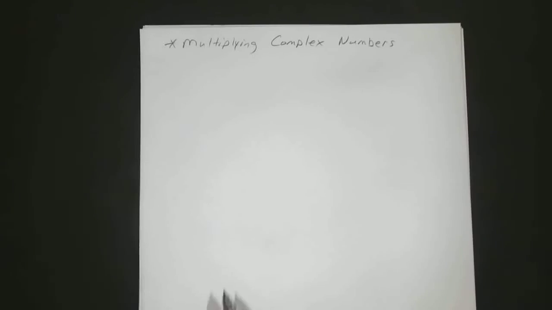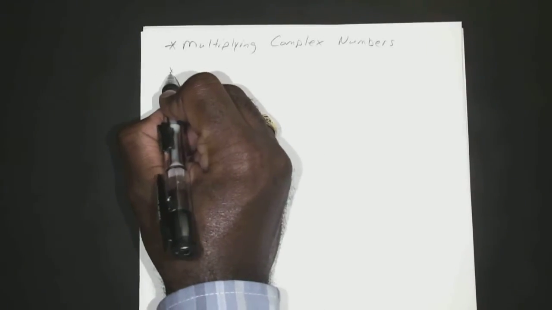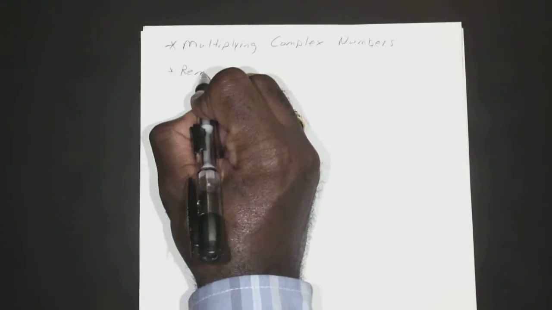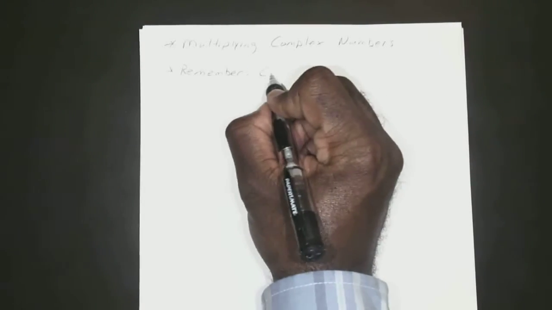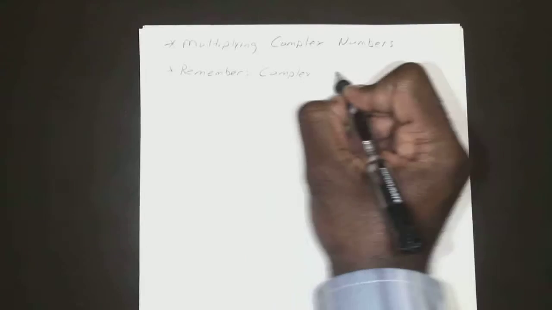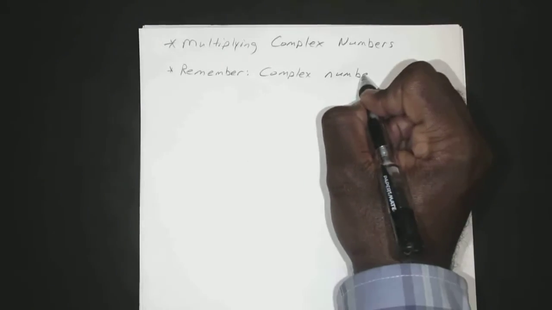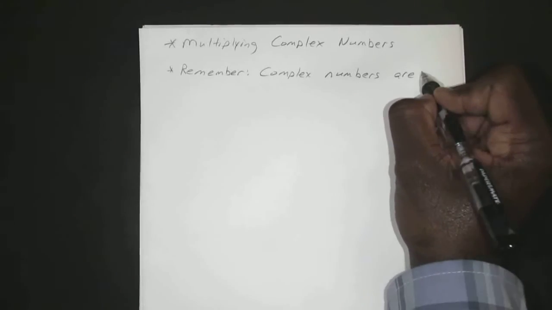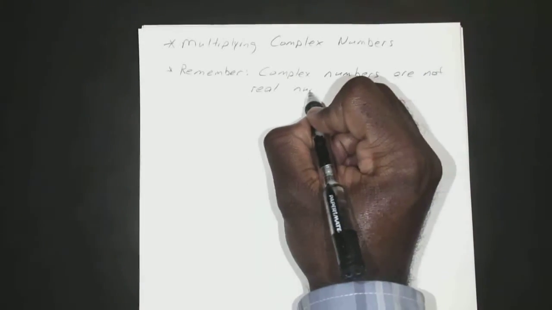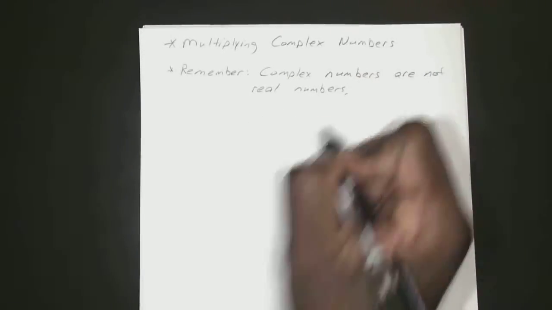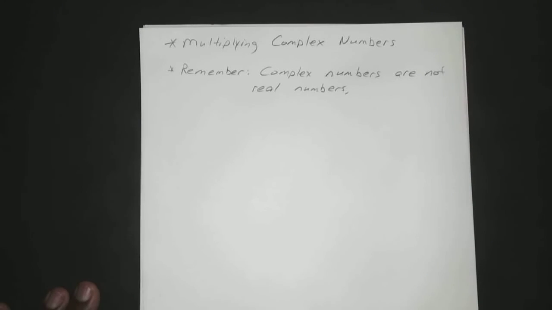Now, the one thing you want to remember is that complex numbers are not real numbers. Okay. So they don't always follow the same rules that real numbers would follow.